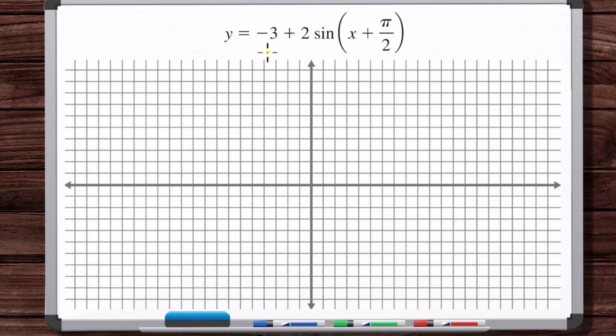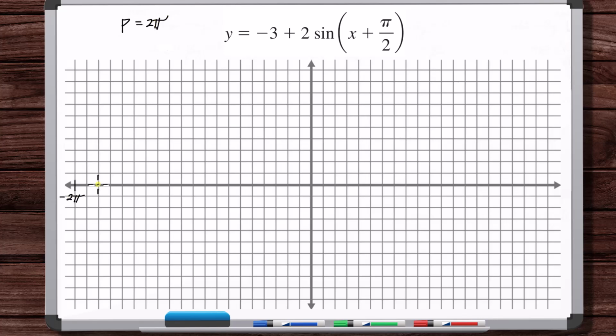Okay, so now we've got a horizontal shift mixed in with a vertical shift. We can see here we're going to shift to the left pi over 2, scale up by 2 about the y-axis, and shift down vertically by 3. All right, but there's no scaling about the x-axis, so the period is going to be 2 pi.